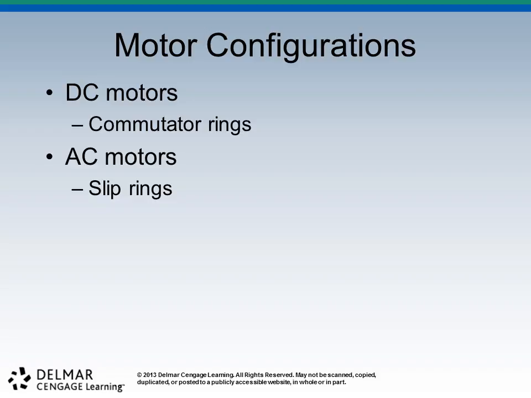There are two different types of motors. Don't worry too much about this, but there are DC motors and AC motors. DC motors have what are called commutator rings, and AC motors have slip rings on them. If you look at Figure 4-19, the AC induction motor, it's on page 76.